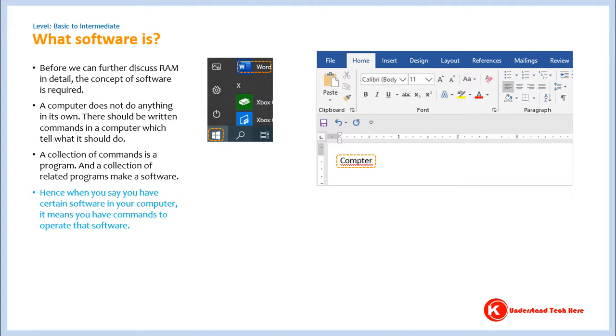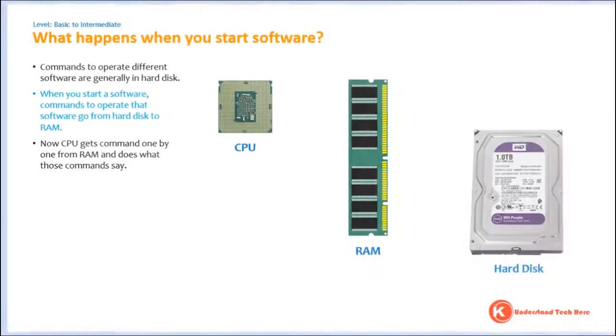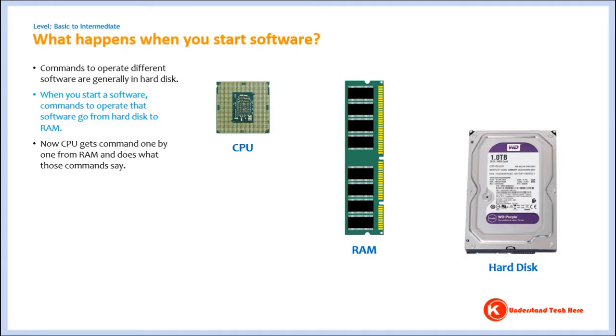Does this statement make sense to you? When you say you have a certain software in a computer, it means you have commands to operate that software. All software in a computer is generally in hard disks. Let's say you have Word, Excel, Chrome in hard disks. As we said earlier, when you say Word, Excel and Chrome are in hard disks, it means commands that operate Word, Excel, Chrome are in hard disks.